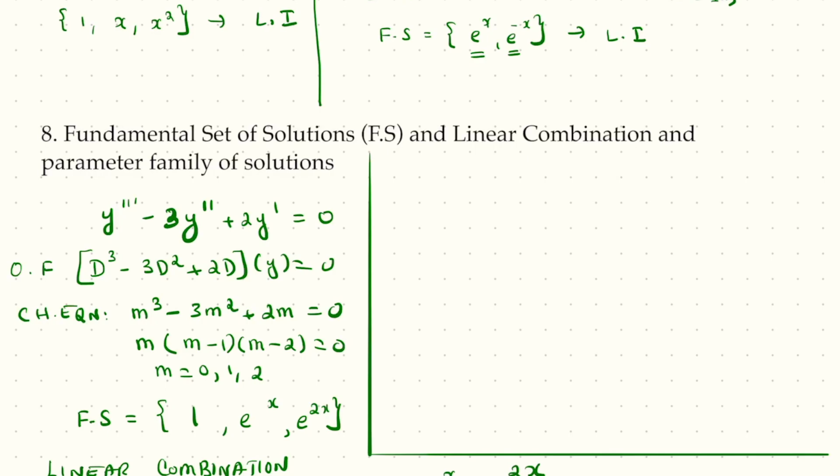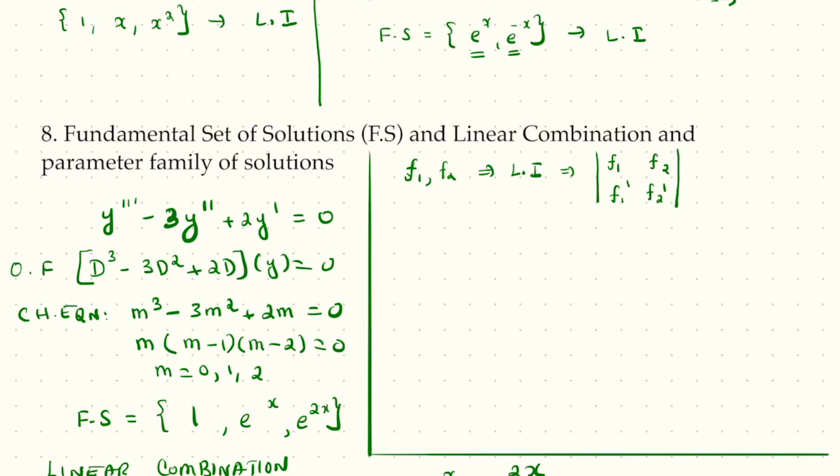Let's say we have two functions, f1 and f2. We say these two would be linearly independent. Take a look at this matrix: f1, f2, f1 prime, f2 prime.